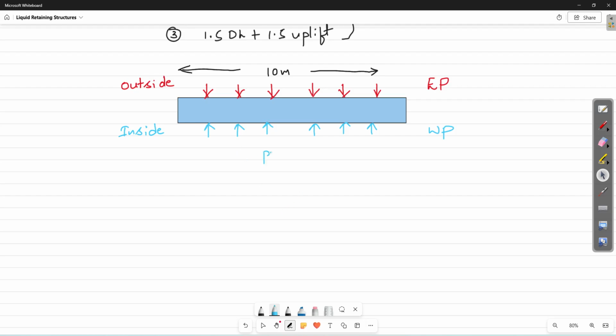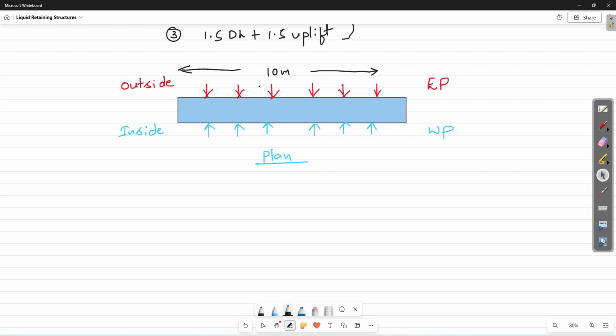So this is the plan of your 10-meter wall. The same will be applicable for the 8-meter wall also. Nothing changes in the 8-meter wall. If I demonstrate the design of 10-meter long walls, then the entire procedure will be the same for the 8-meter wall also.